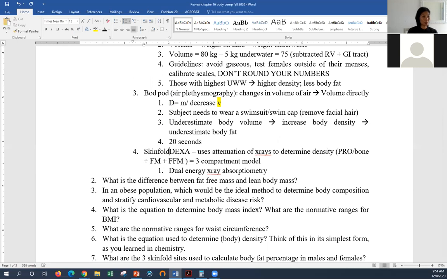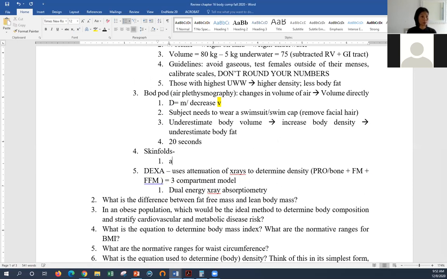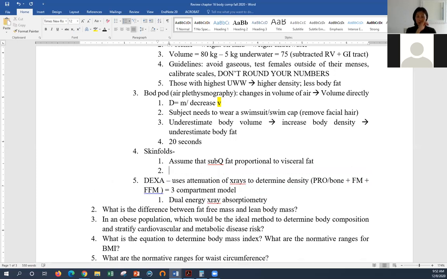Skin folds also is a two compartment model, right, where we assume that subcutaneous fat is proportionate to visceral fat, which of course we know that is not always true.